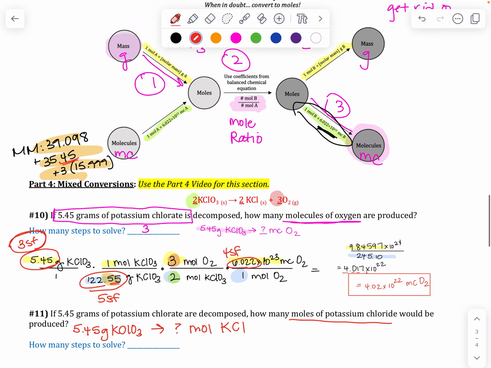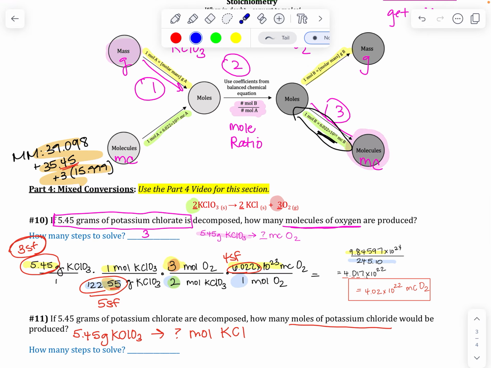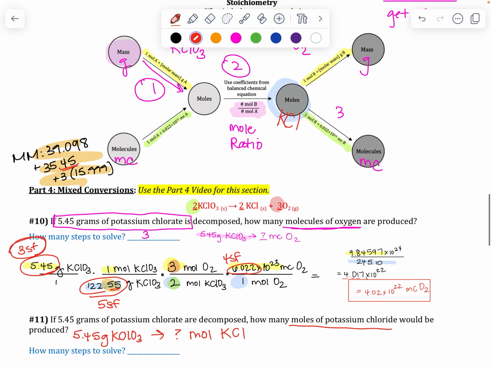And so this one, instead of going all the way from grams to moles and then moles to molecules, we're going to have a 2-step conversion. We're just going to be stopping at the moles of, in this case, potassium chloride, which is what our problem stated.